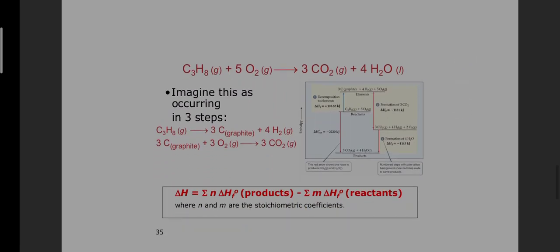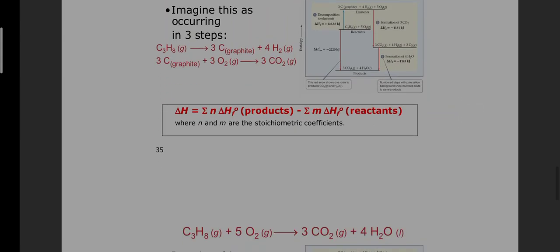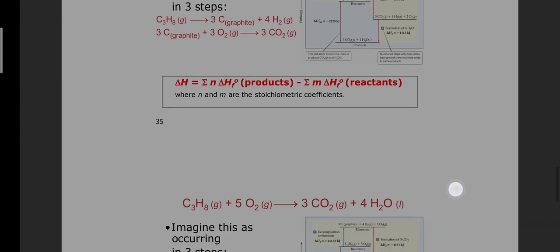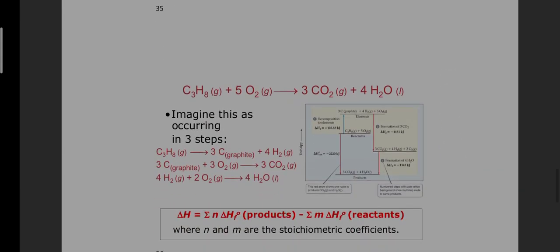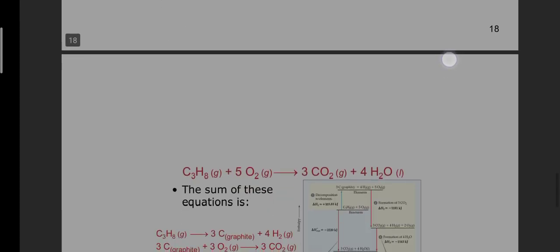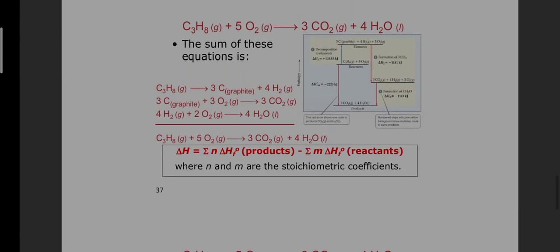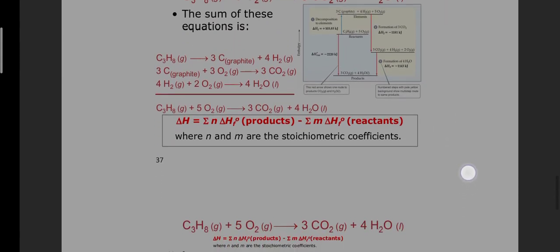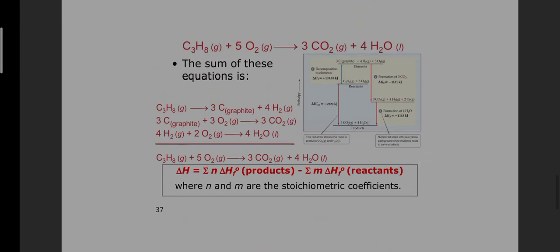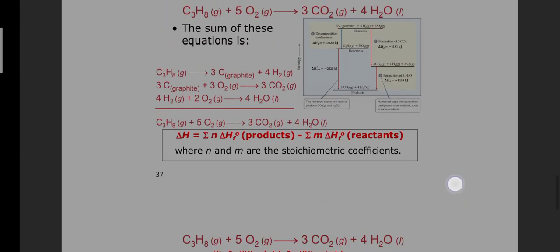Now 3 moles of carbon plus 3 moles of oxygen gives 3 moles of CO2. And 4 moles of hydrogen plus 2 moles of oxygen gives 4 moles of H2O. The sum of these equations is C3H8 plus 5O2 gives 3 moles of CO2 plus 4 moles of H2O. This is the whole process for these 3 steps.